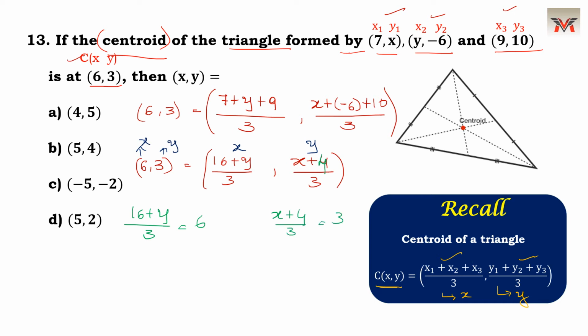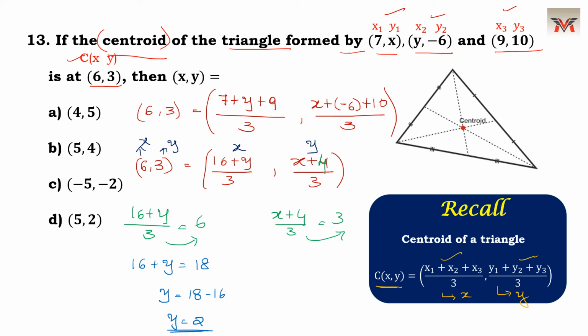When we simplify, take 3 to the other side in both cases. So 16 plus y is equal to 18. y is equal to 18 minus 16. So y is 2.